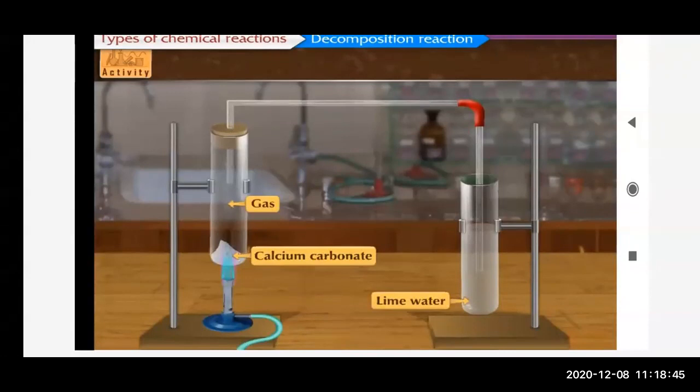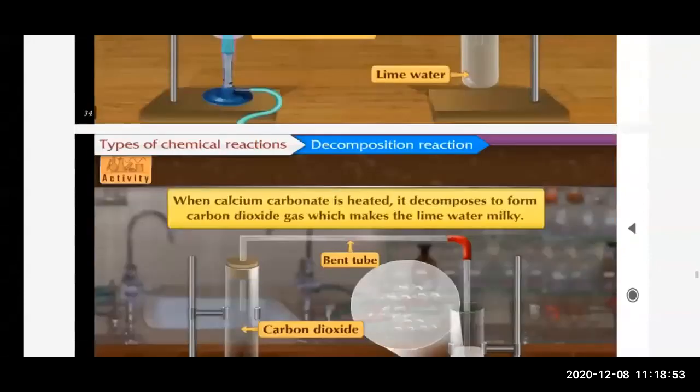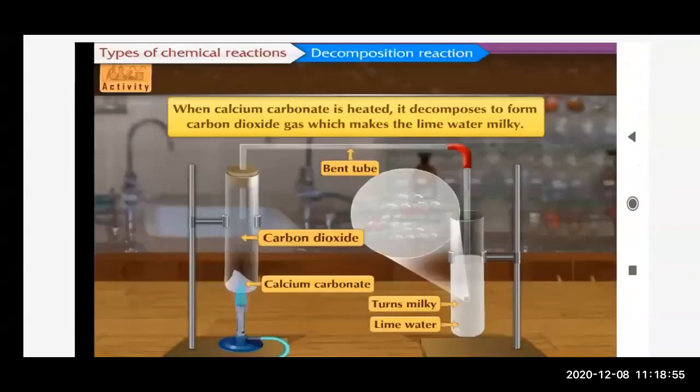So when calcium carbonate undergoes decomposition reaction, carbon dioxide gas is formed and it turns the lime water milky. And the second product of the reaction, the calcium oxide powder, remains behind in the first test tube as it is.